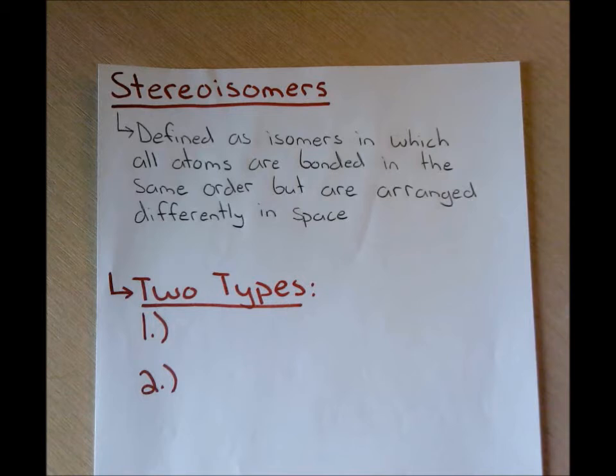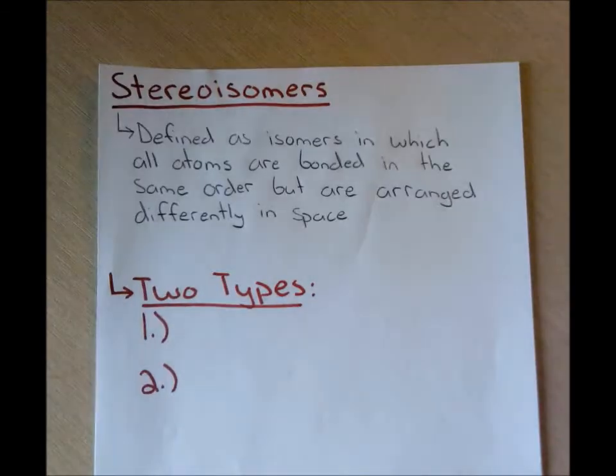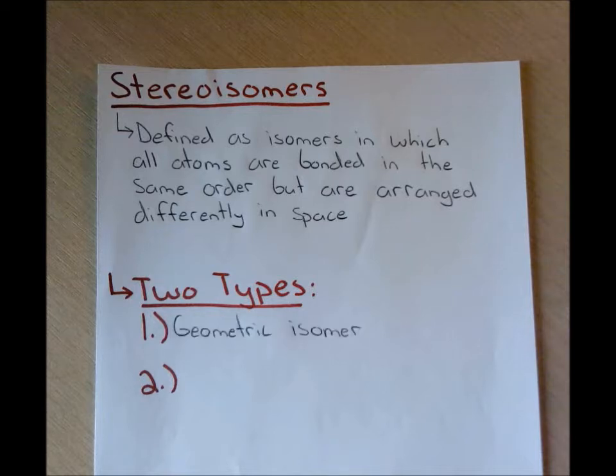So there are two types of stereoisomers. We can further divide this to be able to categorize some different classes of organic molecules. The first of which is a geometric isomer. I'm not going to get into the details because that is the next thing that we go over. But the other type of stereoisomer is an optical isomer.